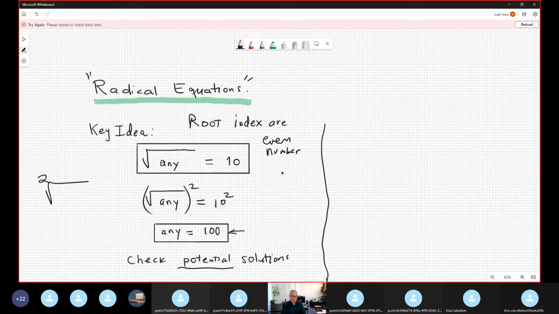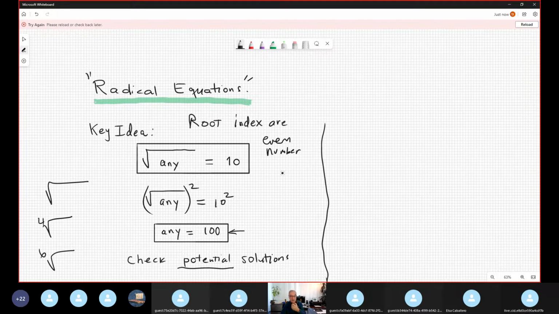But the problem is the algebra style. When it's a square root, you don't need to write the 2, so you suppose by default it is 2. But suppose you have a 4th root, or a 6th root. Entonces, if it is a 4th root, you need to raise to the 4th power. So the power is exactly the same number as the index of the root.